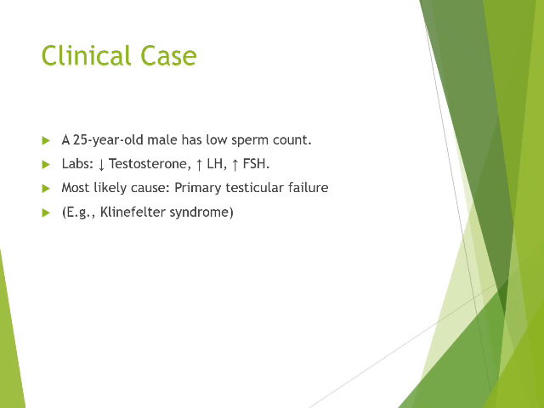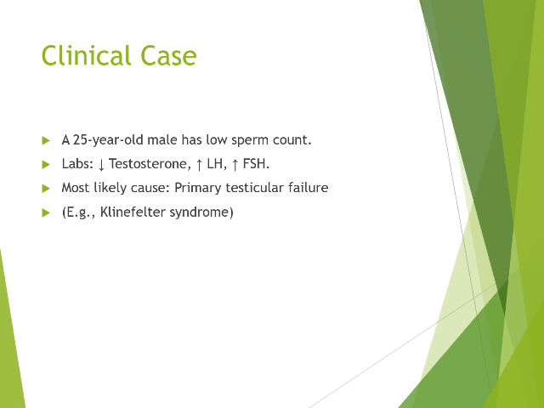Clinical case: a 25 year old male has low sperm count. The laboratory shows low testosterone, high LH and high FSH. It is more likely due to primary testicular failure, for example, Klinefelter syndrome.